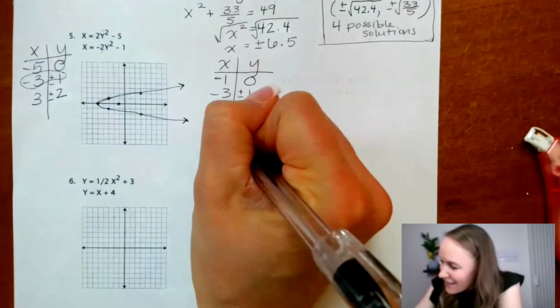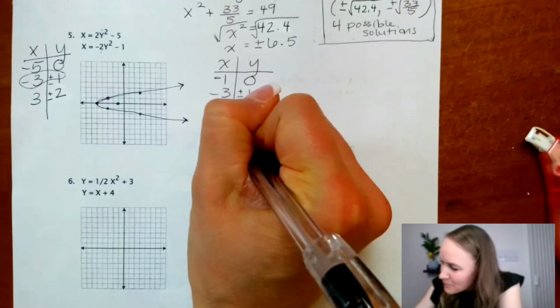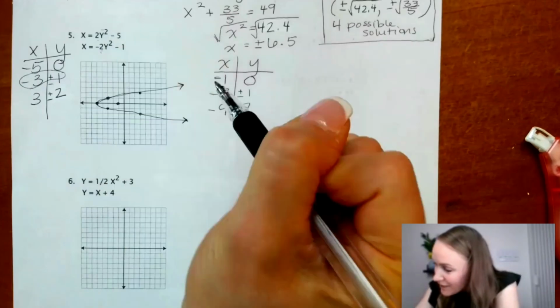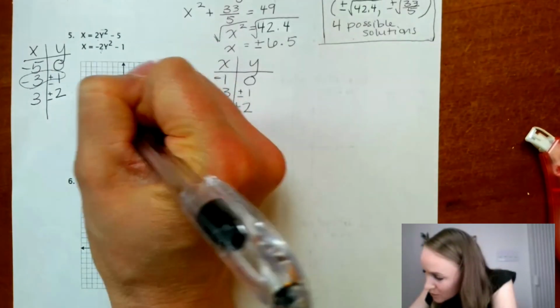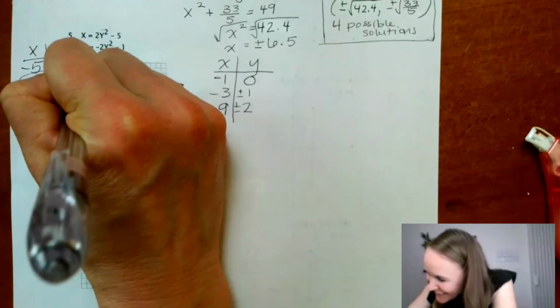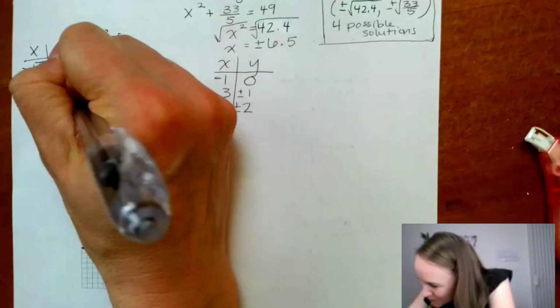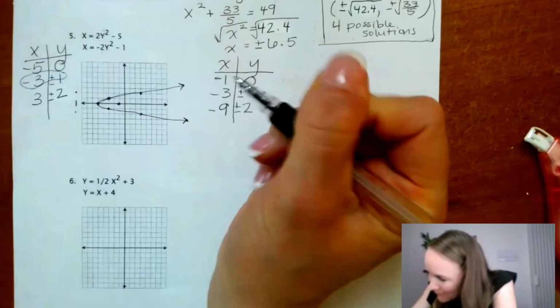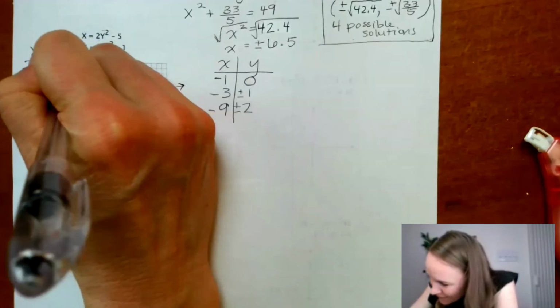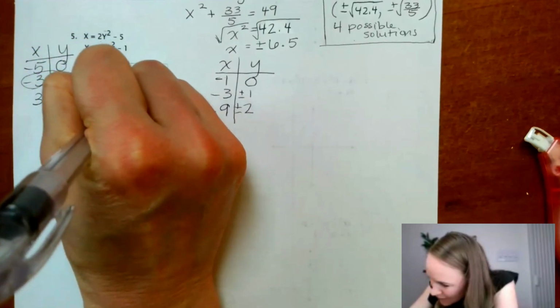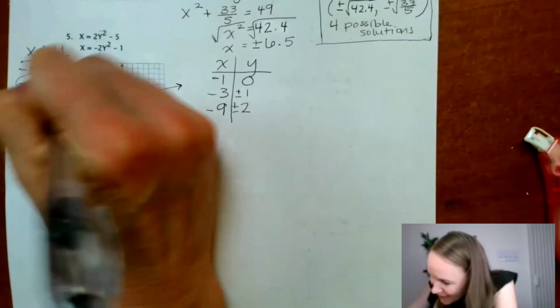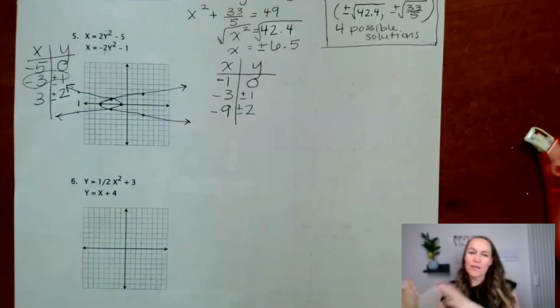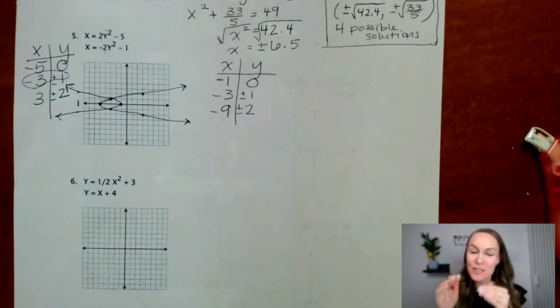And then I have -9 in the x direction, which is this over here, and then a ±2. Okay, let's go ahead and graph. What is this parabola? It looks something like that, but graphically, we did have overlapping points, so we exactly know what our solution should be.